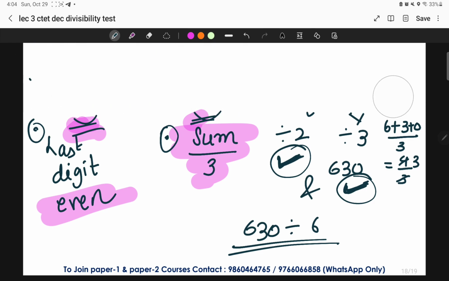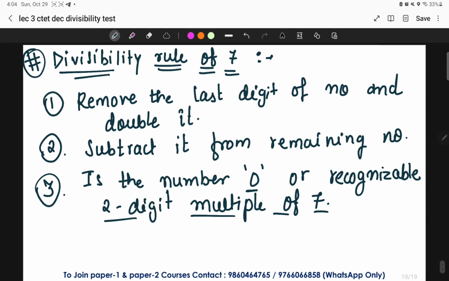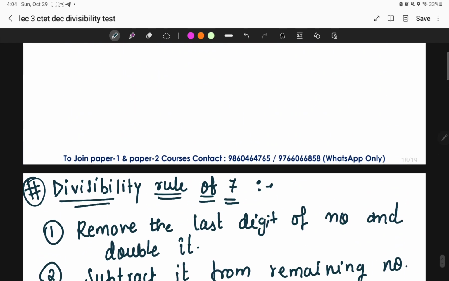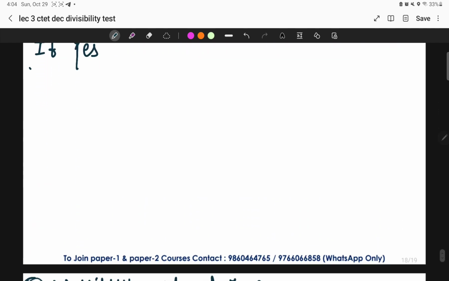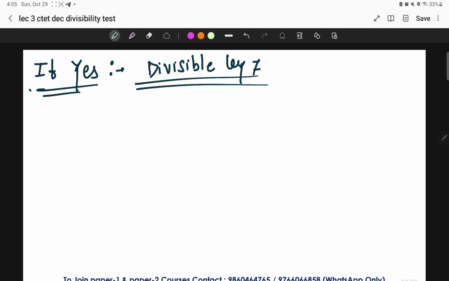Just let me rub out this slide. If you get a 0, or if you get a two digit number which is a multiple of 7, then the number is divisible by 7.